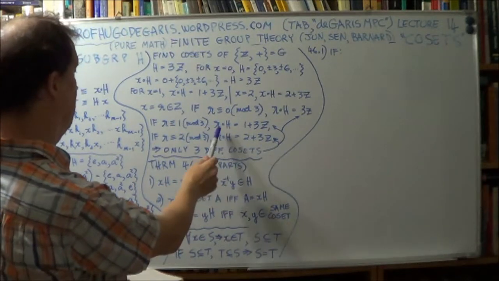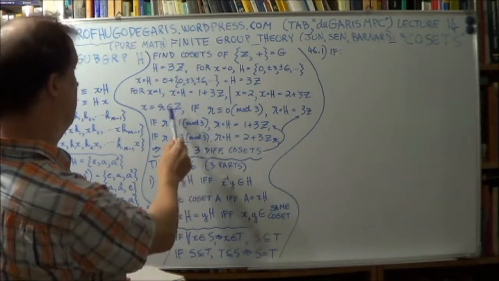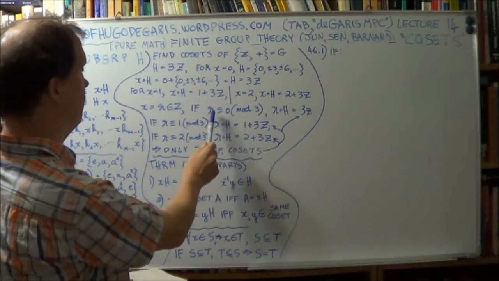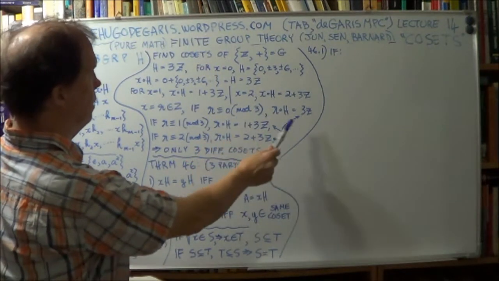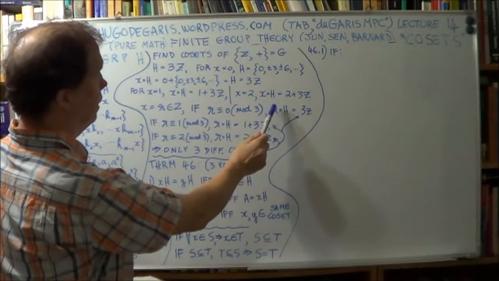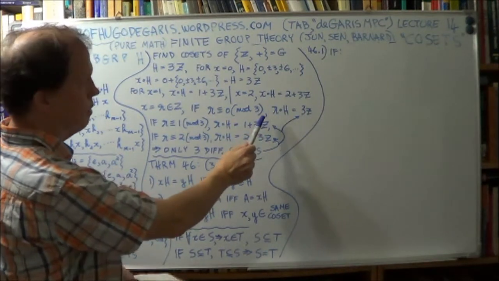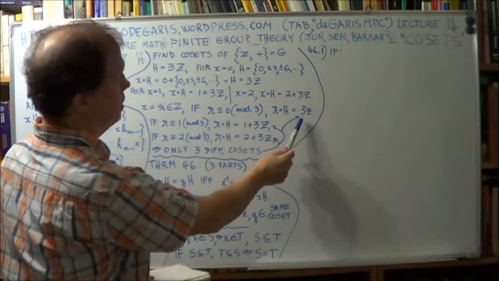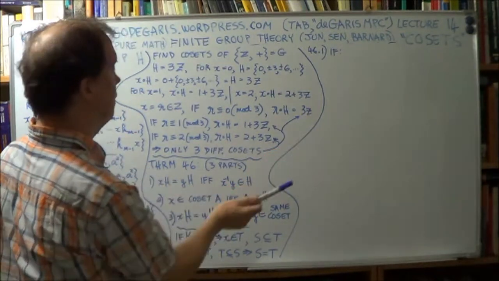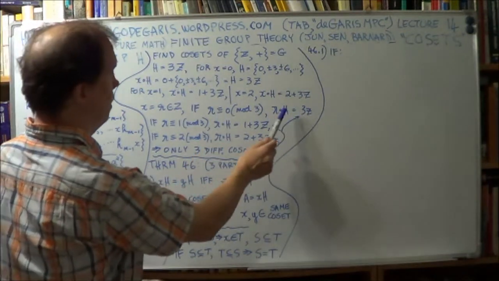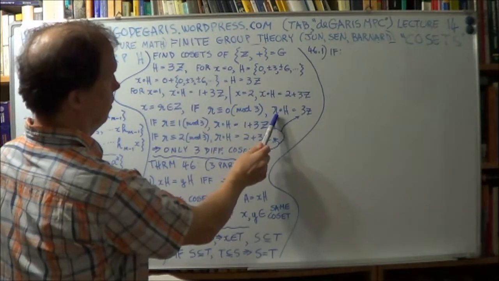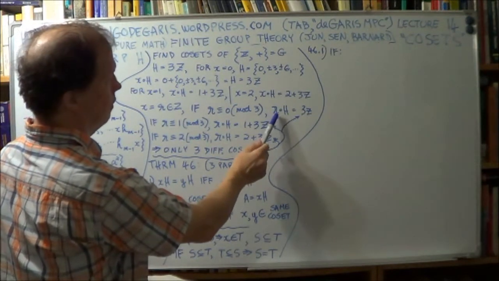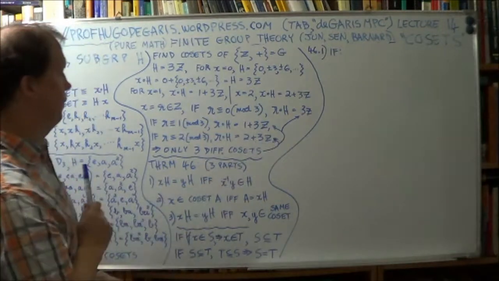If R is congruent to 0 mod 3, then you're adding effectively plus or minus 3 to h, or plus or minus 6 to h, or plus or minus 9 to h, which is still just 3Z. So if R is congruent to 0, your left coset for Rh is just 3Z.